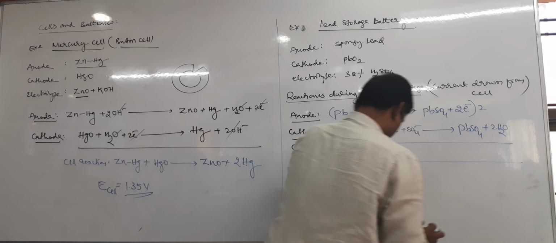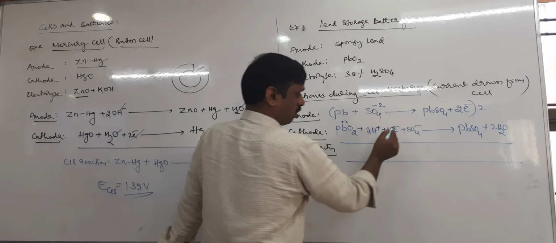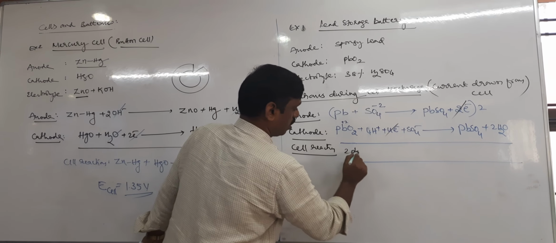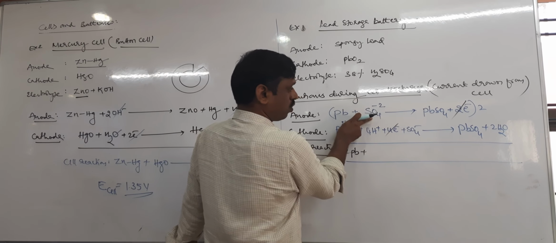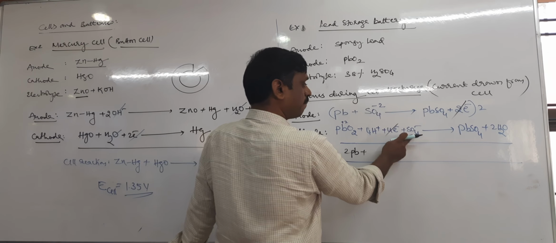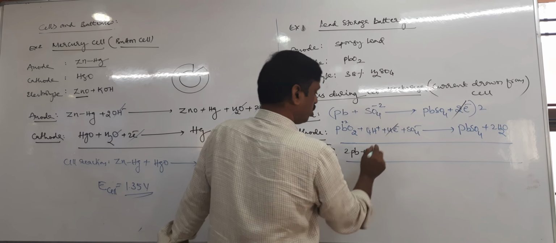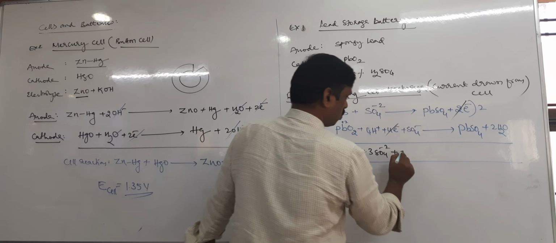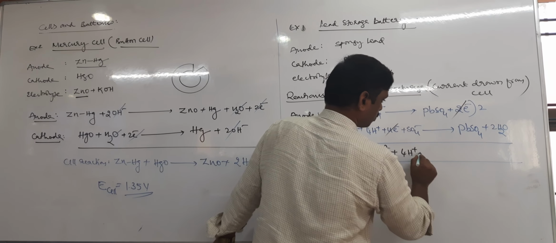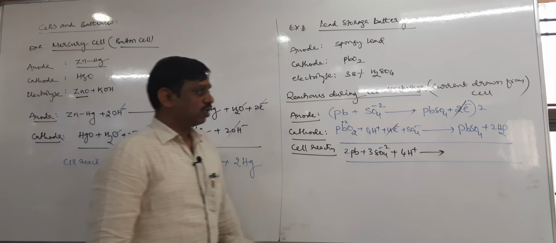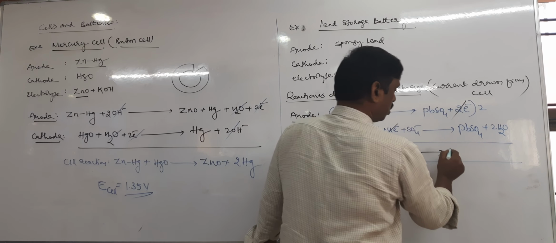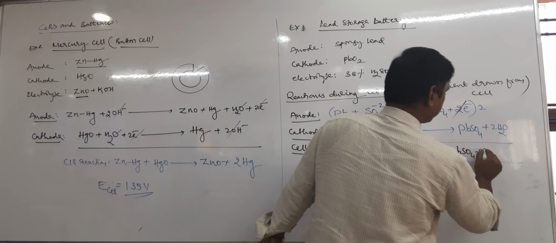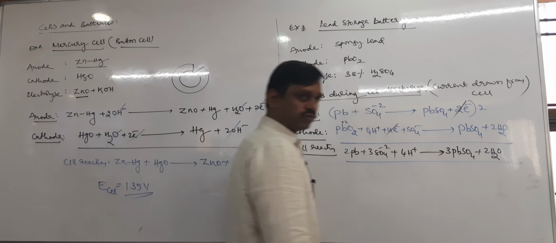Then write the cell reaction. 4 electrons, come on, tell me. It is 2 Pb plus, it is 4 plus, it is how many? Here 2 plus 1, 3. 3 SO4 minus 2 plus 4 H plus gives rise to 3 PbSO4, here 2 plus 1, 3, plus how many water molecules? 2 water molecules.